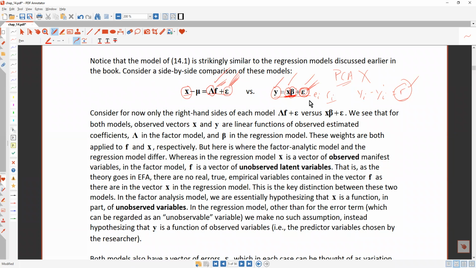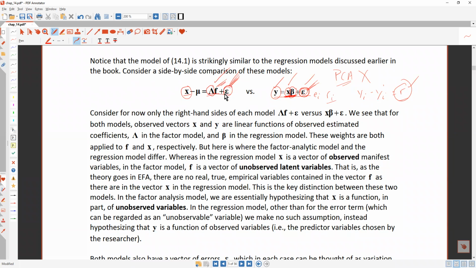We don't know what the true error is, right? We don't know what the true error is. We're just computing the residuals to try to get a handle on it. In the factor analysis model, we're modeling X as a function of the weighted factors, which again are unobservable. You're figuring how we can actually weight them by unobservable variables. That sounds really strange. We're going to get to that.